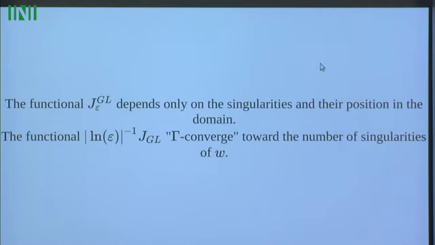This penalization function depends only on the singularities and their position in the domain. And in the literature, you can find that this functional does converge, when epsilon goes to 0, toward a measure of the number of singularities. So this is the main term of this penalization term.